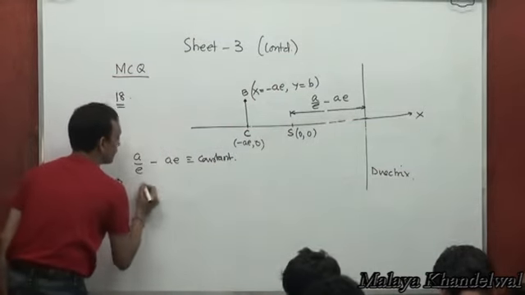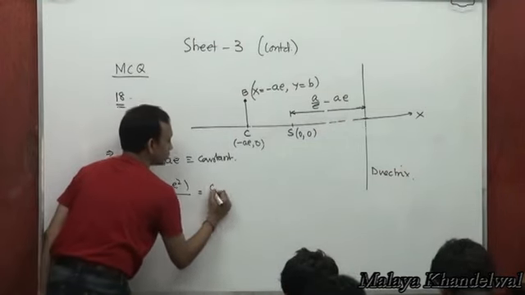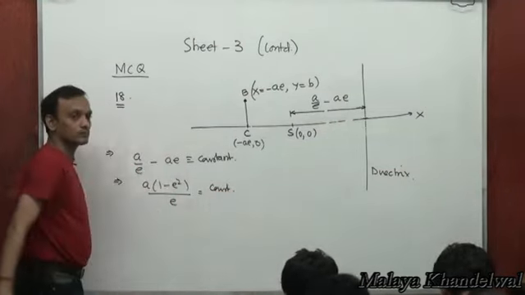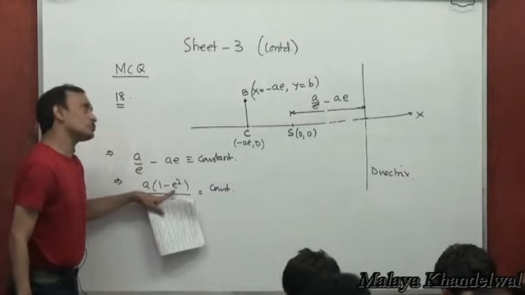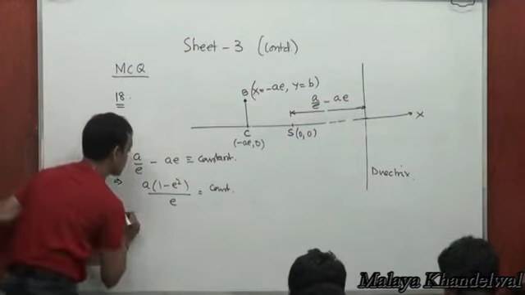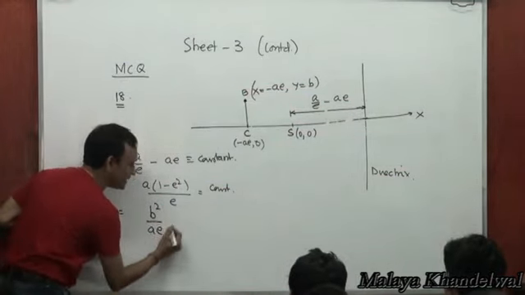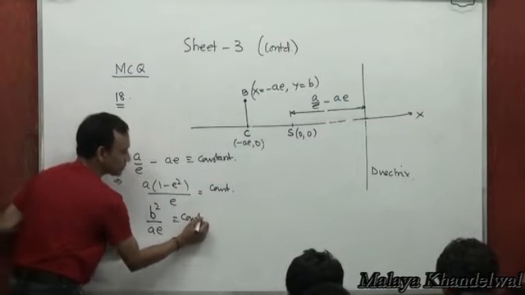Right? Or you have A into (1 minus E squared) by E equal to a constant. But 1 minus E squared is B squared by A squared. So this becomes B squared by AE equal to a constant.